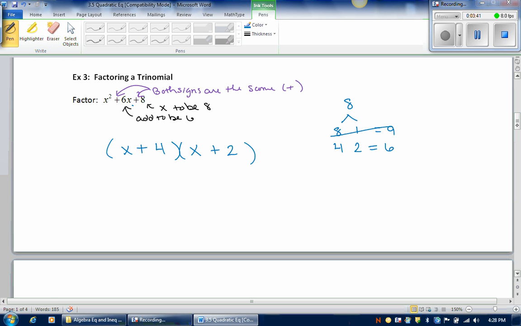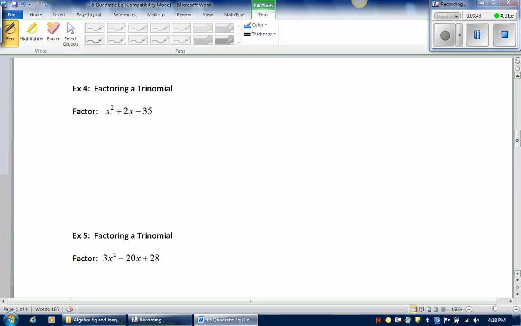Let's try another one. Okay, same thing again. Two sets of parentheses. I know I'm going to start with x and an x. The signs are not going to be the same. This time they're going to be different, so it's going to be plus and minus. So I need factors of negative 35 that are going to add to be a positive 2.